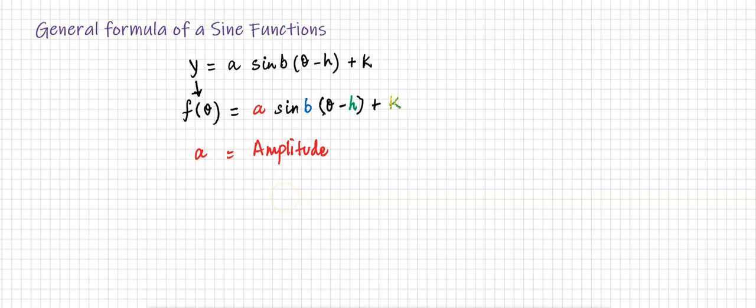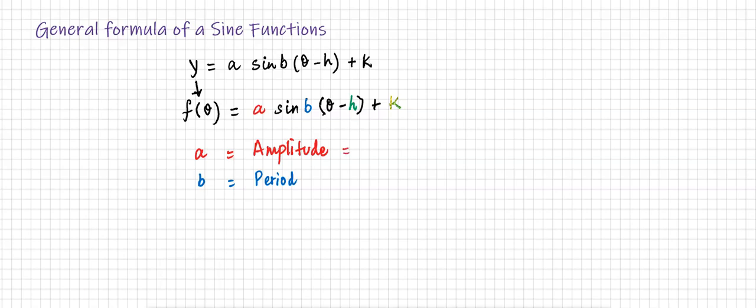Now let's talk about the value of b, the blue. B is related to the period of the function. Period means one complete cycle of the sine function, so how much it travels on the x over the angles to complete one full cycle. Now we should also know how to find it.